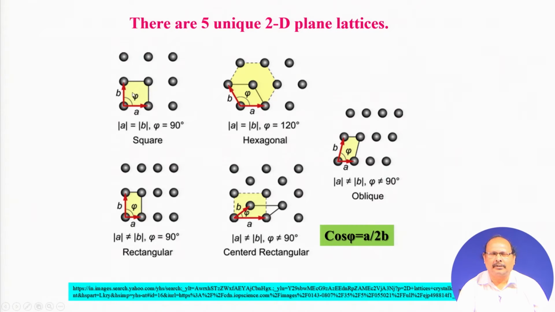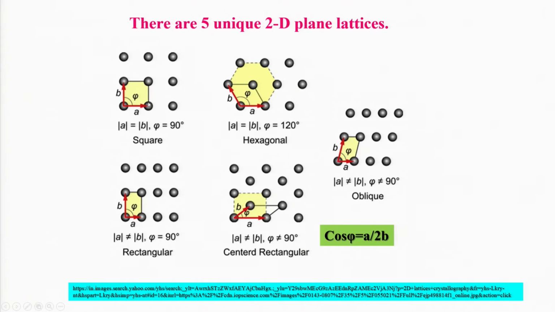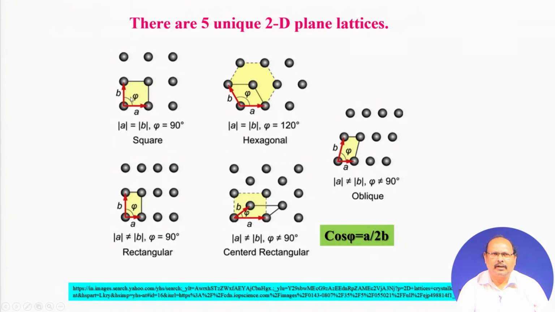This will be 1. Why? Each unit cell is surrounded by 4 such unit cells from 4 sides. So the effective sharing of a particular lattice node here is 1/4. So, 4 into 1/4 is equal to 1. So you have the lattice points for this particular type of primitive lattice equal to 1.